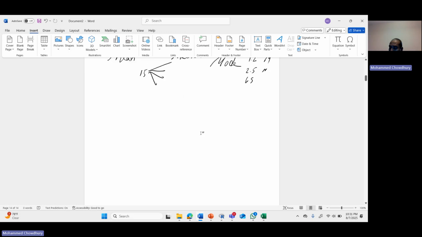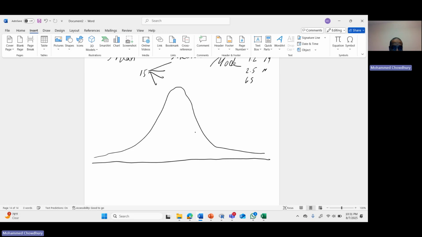And when you construct the histogram, add the top middle point of each bar and get a curve like this, it is known as bell-shaped, mound-shaped, or symmetric, or normal curve. Normal curve.